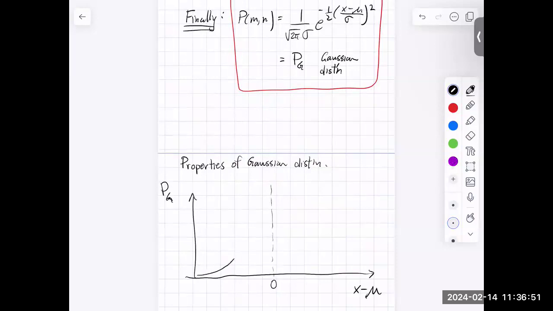And if you plot the function, it'll look something like this. It's supposed to be symmetric. So any asymmetries that I've drawn are unintentional. Something like that. Okay, so over here is approximately sigma, over here is approximately 2 sigma, and over here is approximately minus sigma, and over here is approximately minus 2 sigma.